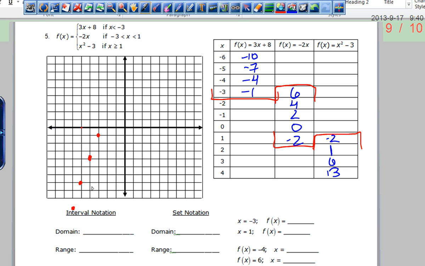All right, do I do any open or closed on any of that? I hear some whispers. Why open and where? It's just less than, so where should that open circle go? Here at the end or up here? Up here, right?